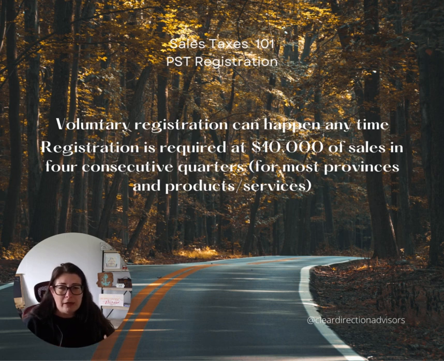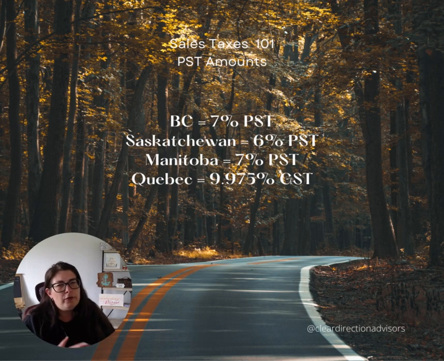The business number that you'll be using is again that 9-digit business number that follows across many, many, many different government programs. So if you've watched my GST/HST video, you'll notice that this list for PST is much smaller. And the reason being is that BC, Saskatchewan, Manitoba, and Quebec are the only 4 provinces that have separately managed provincial sales taxes. Alberta and the 3 territories all have just GST.